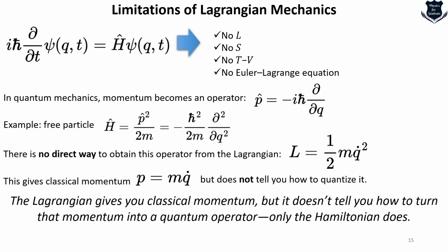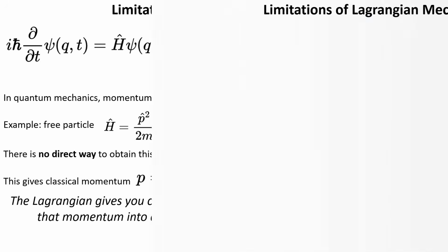And quantum operators are required because in quantum mechanics, momentum becomes not a variable but an operator. And this is the magic which the Hamiltonian does. So the limitation we have understood for Lagrangian mechanics, not fitting with quantum mechanics, is the need for an operator, and hence we need the Hamiltonian.